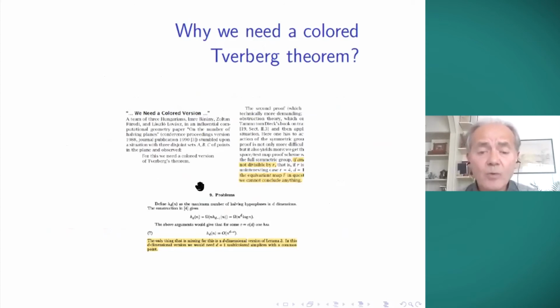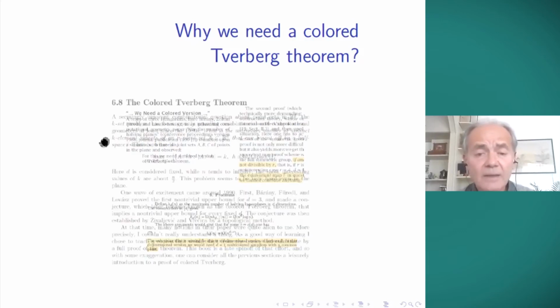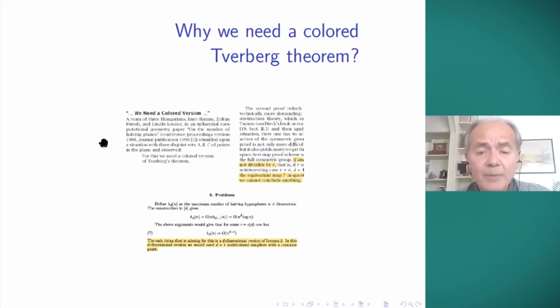And also I want to keep in mind why we needed the Colored Tverberg theorem in the first place. The answer is it appeared very naturally. Actually, these two slides are just a reminder for me. These are just clips from some papers. The first two clips are from the paper by Günter Ziegler in the Notices of the American Mathematical Society.